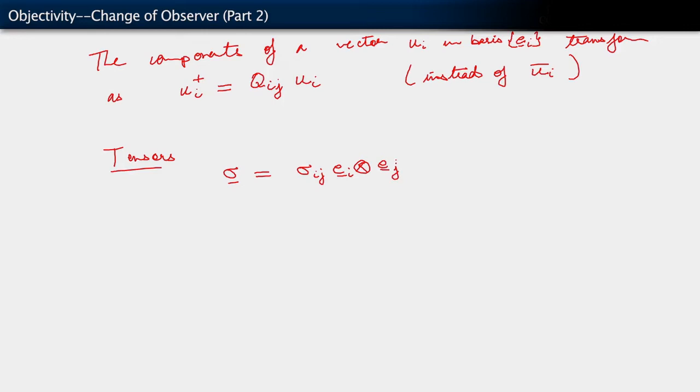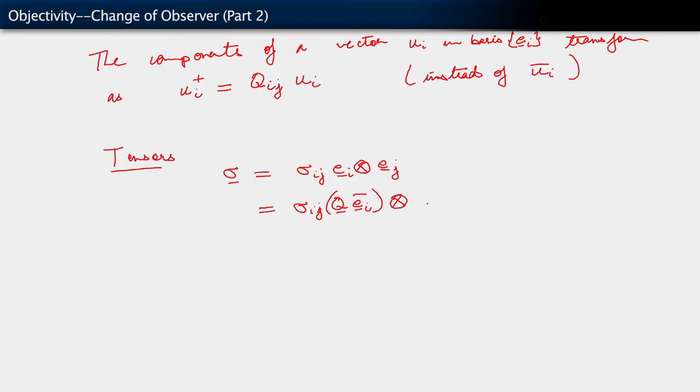So I'm now going to do a change in bases. I have sigma ij. Ei we know is Q ei bar.